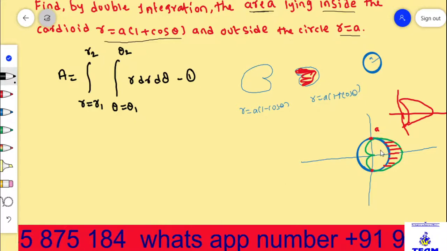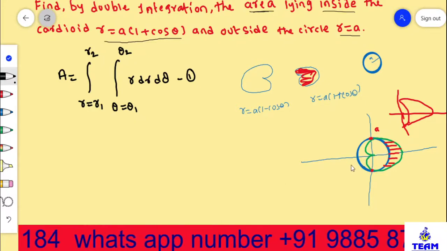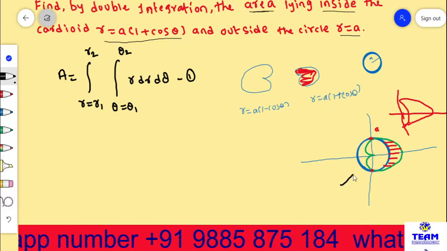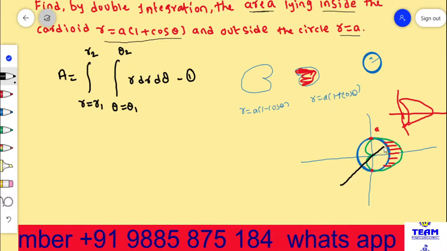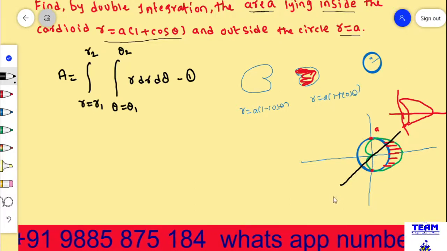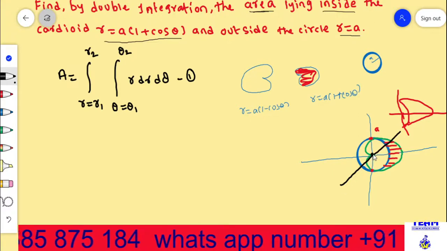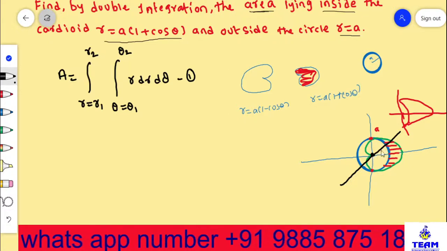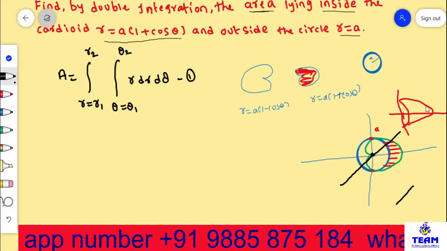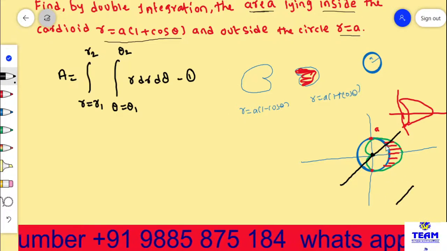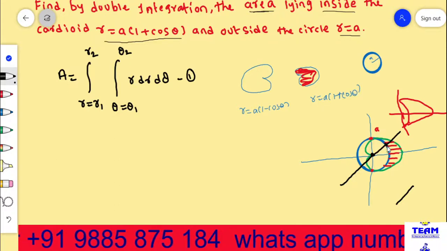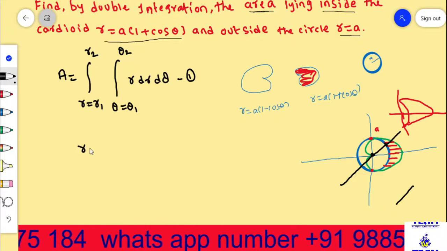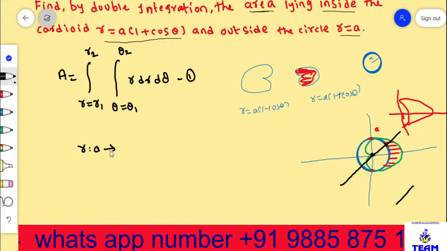For this cardioid, draw a line like a tangent line, like the line y = x. Both touch at 0. Next, this line touches, and the starting radius is the circle, which is a. So r is from a to the other graph.